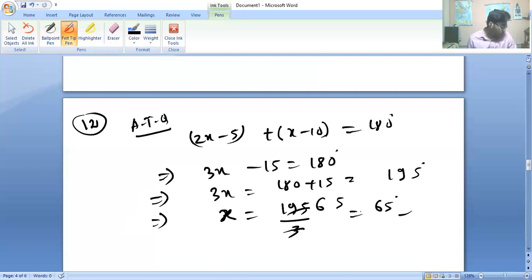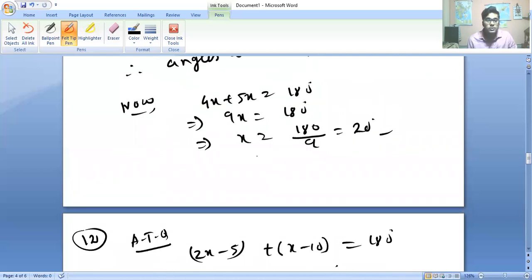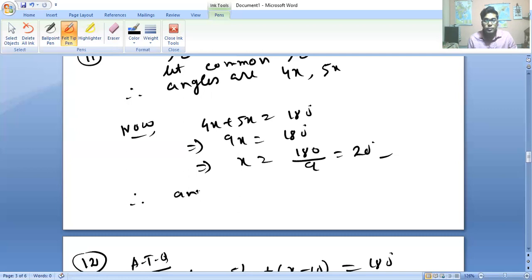But remember, in our previous sum, they asked us the angles. So here I forgot to write. Here the angles are 4x and 5x. 4x means 4 into 20 degrees, equals 80 degrees.